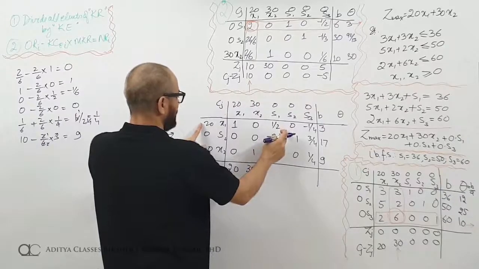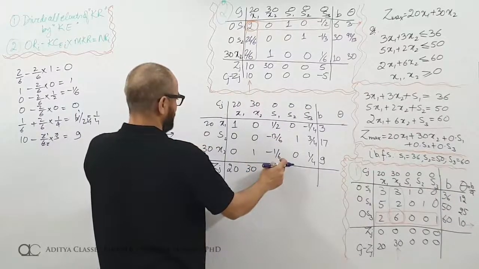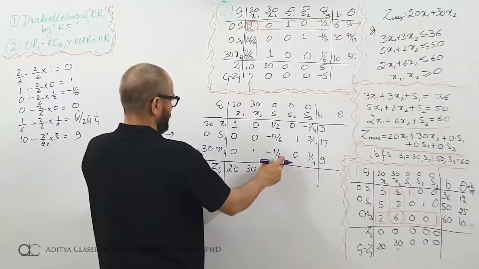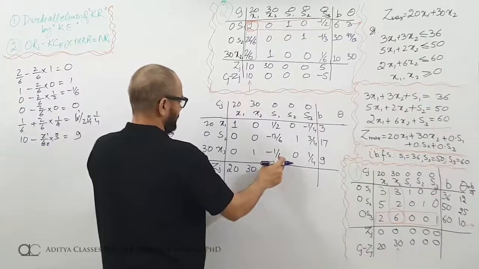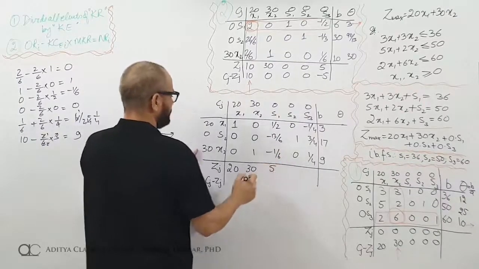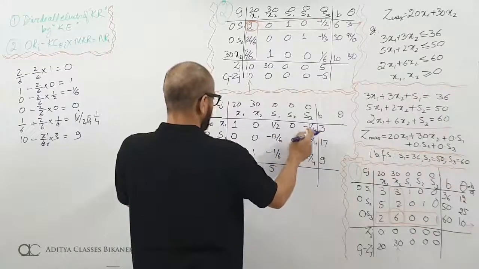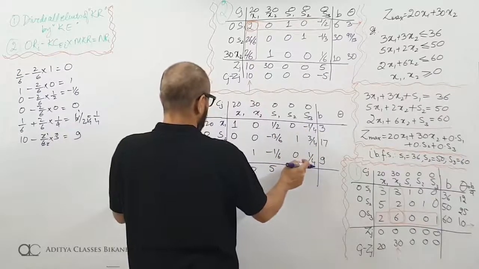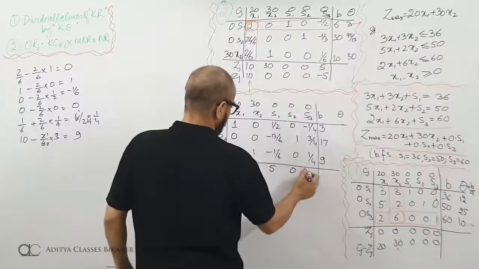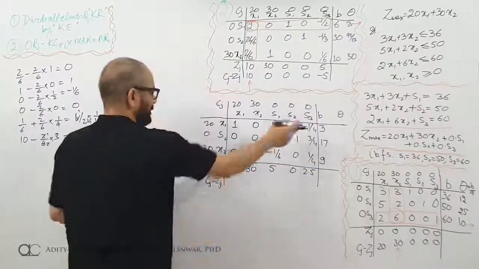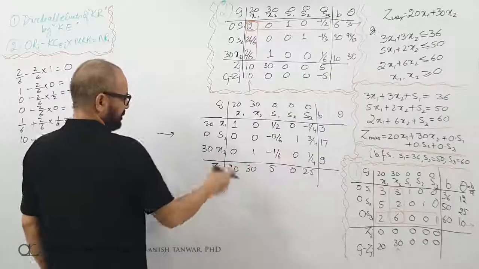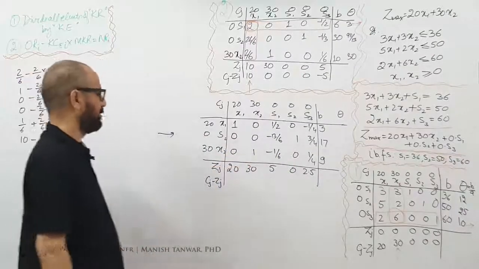This will become a 10, this will become a minus 5. 10 minus 5 would be a 5, 0, 0. This will become a minus 5 and plus 7.5, making it a 2.5. It will be minus 5, 7.5, 2.5.